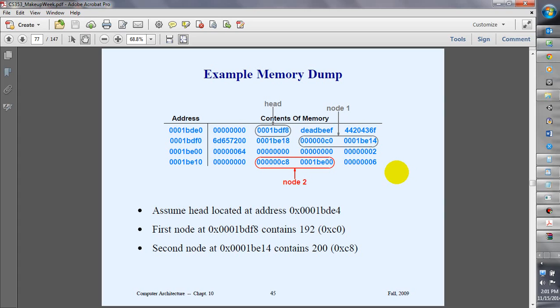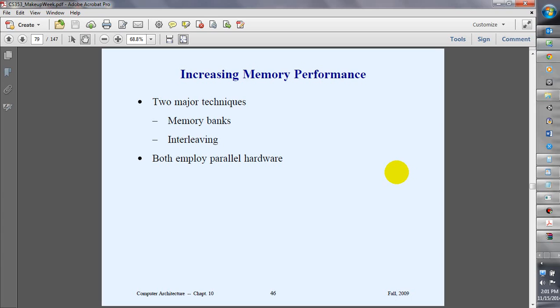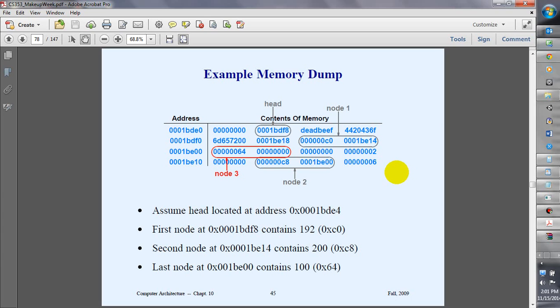Here's the second node showing that it's the number 200. And then of course the last node at BE00 contains 100, or 0x64.